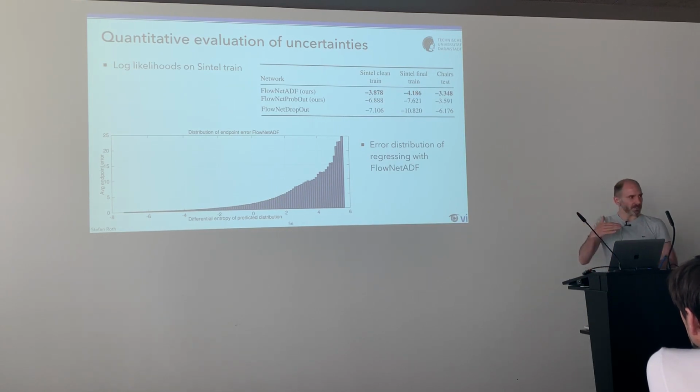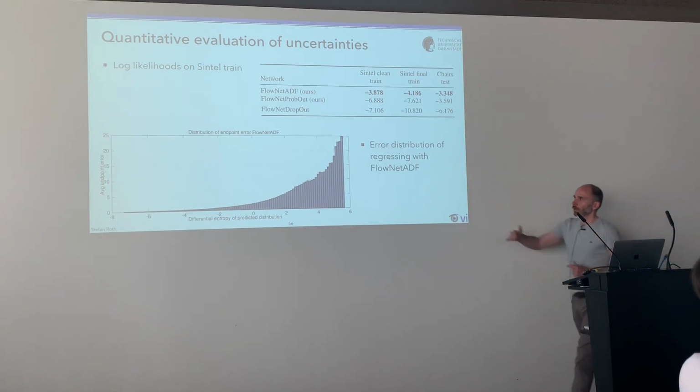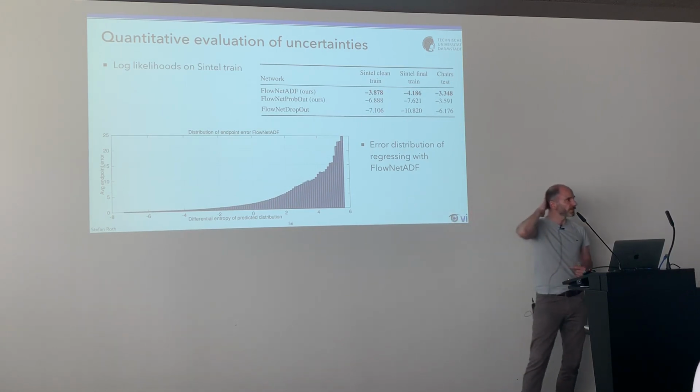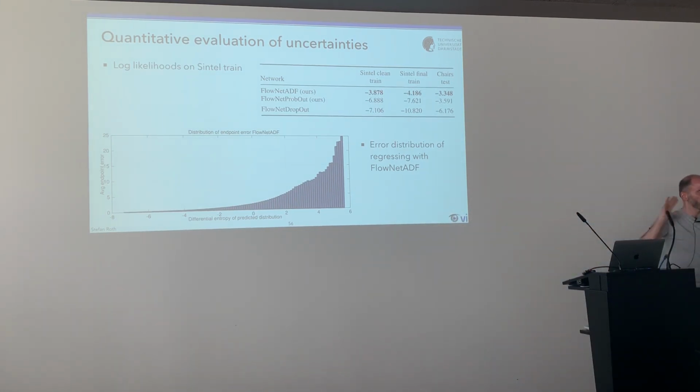You can, of course, ask the same question that I asked with calibration, and I actually don't have an answer yet to that question. But yes, that's a fair point. I don't have the regular FlowNet for comparison because the regular FlowNet doesn't output any distribution, right? So I can't give you a plot because it doesn't have an uncertainty output at all. Okay, it only gives you a point estimate.